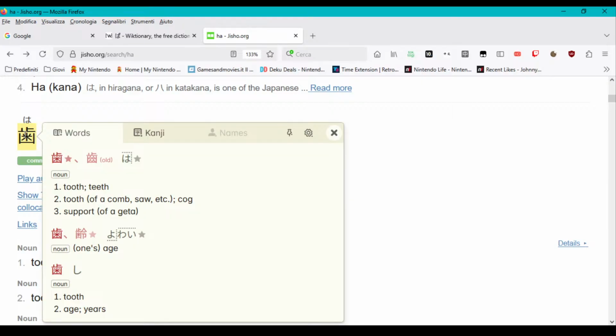And it means tooth or teeth, because in Japanese there are some ways to mark the plural, but they're not necessary. More often than not, it's not marked. So ha can be both tooth and teeth.